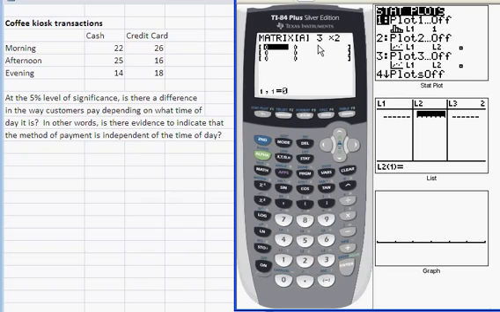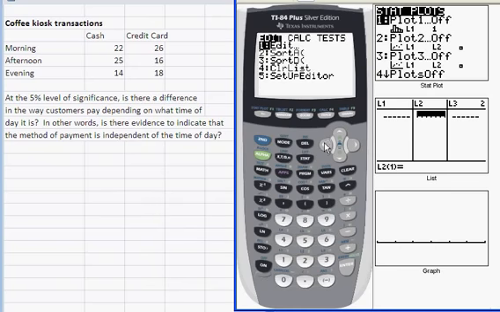And now all I have to do is type in the values as they're shown. And I press enter between each value. So I go row by row, and then I've entered all 6 values. What I'm going to do now is go back to my test function.